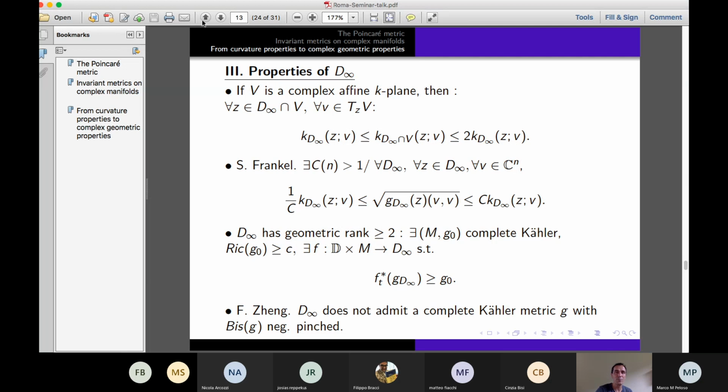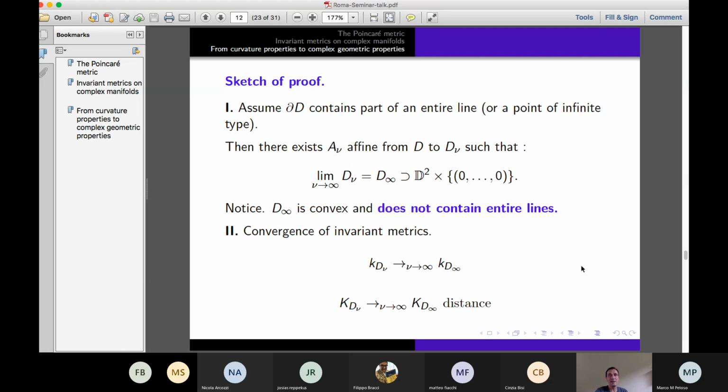So if I go back to the previous slide, the situation is quite clear now. You have the original domain D, and on it you assume you get some metric for which the holomorphic bisectional curvature is negatively pinched outside a compact set. Of course, you can transport your metric to D nu, because you have a biholomorphism, to get a Kähler metric on D nu. And these Kähler metrics will be negatively pinched somewhere. And you have the domain D infinity.